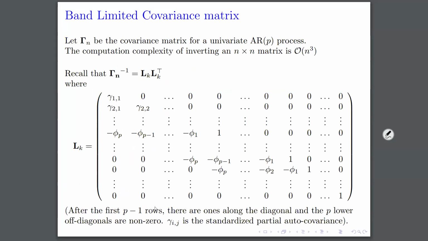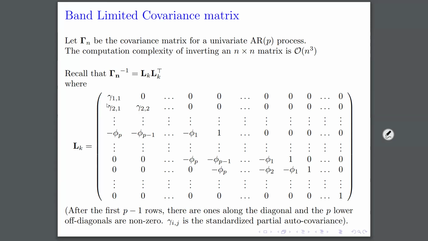So once we get the error coefficient as well as the sigma t hat, we're going to estimate this inverse covariance matrix. And also following some textbook derivations, you will know that the inverse covariance actually can be decomposed into the product of a matrix LK, which is a lower triangular matrix that has this kind of nice band limited structure.